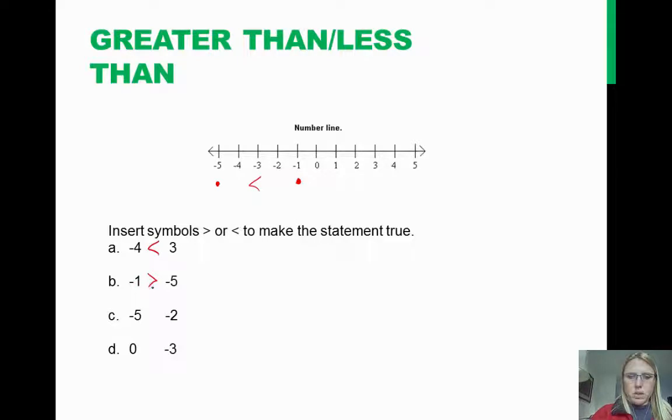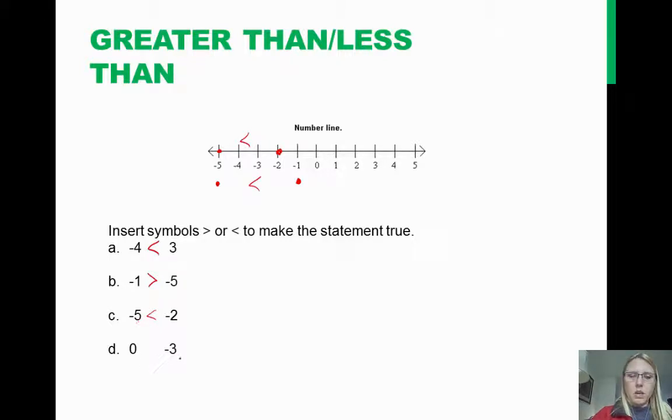So this one is, -1 is greater than -5. Do the same thing for -2 and -5. -2 is only 1 over, so if I were to plot that, once again, I'm pointing towards the -5 because it's smaller. The smaller end of the symbol always points to the smaller number.